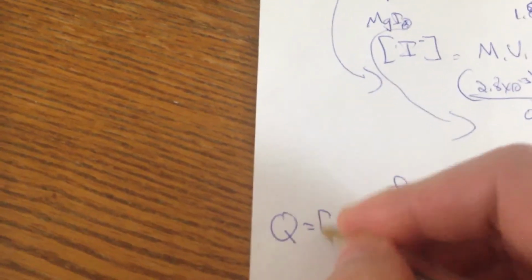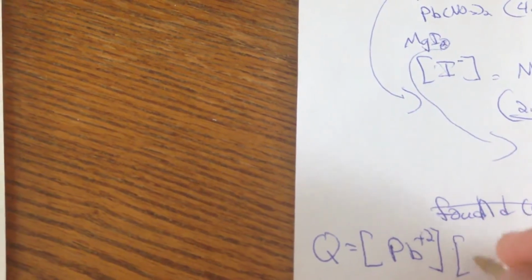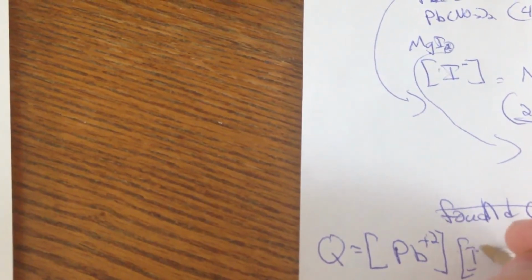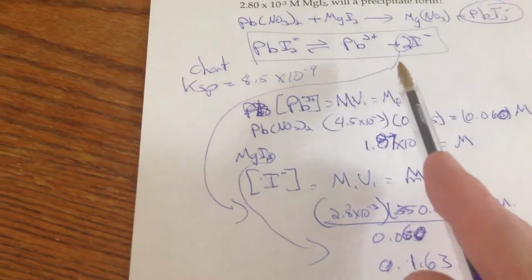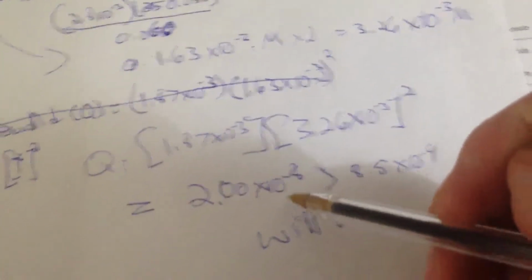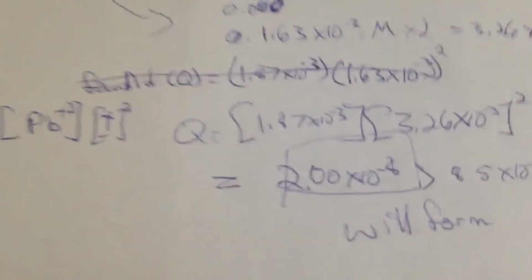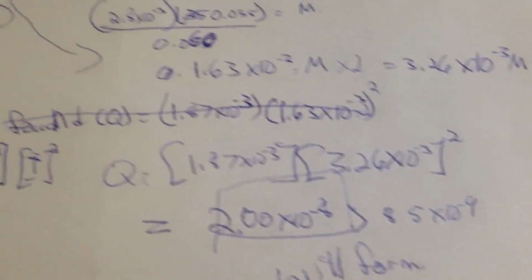Q is going to be concentration of lead times concentration of iodide, but I gotta square it because of the 2 here. That 2 becomes the power out front. So I plug that all in, square it. If you work it out, you're gonna get 2 times 10 to the negative 8.